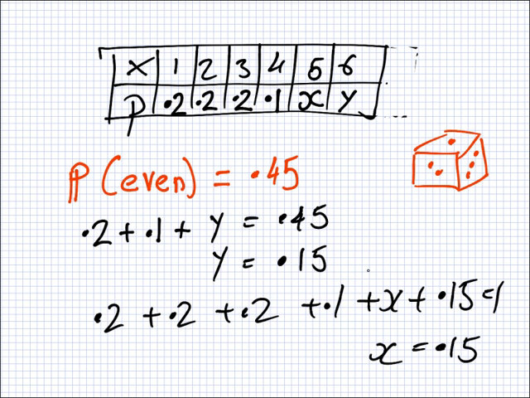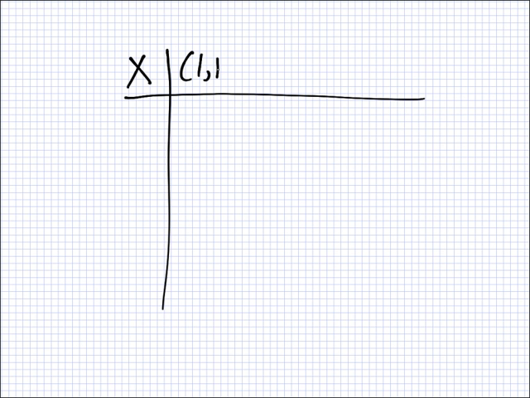Now, there's no reason that the table has to be just a row. It could actually be a row and a column. So, for example, you have two dice. Now, you don't have to write the whole thing down, just enough to get the idea. You could get a 1 and a 1, a 1 and a 2, etc., all the way up to a 1 and a 6.